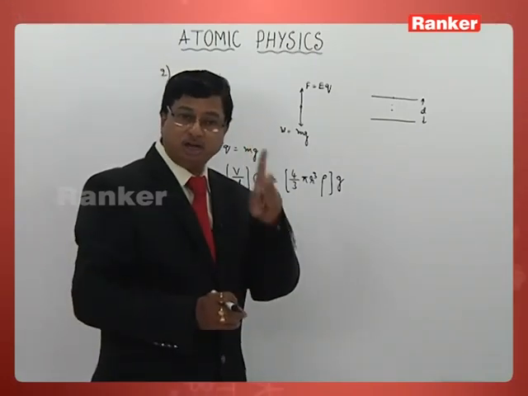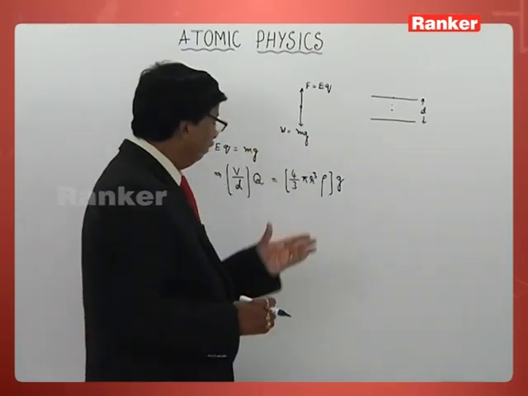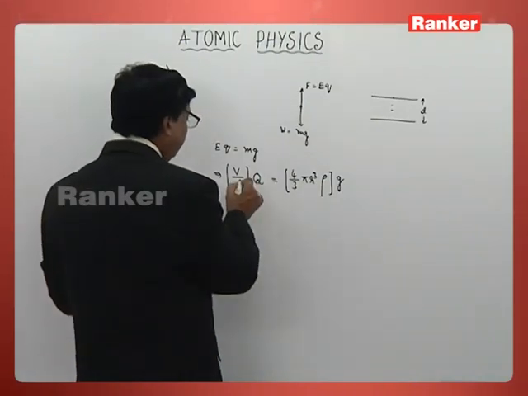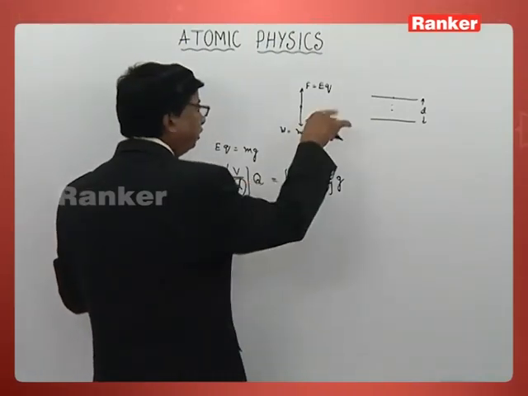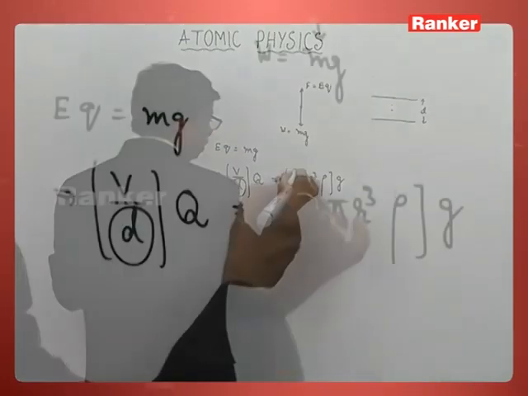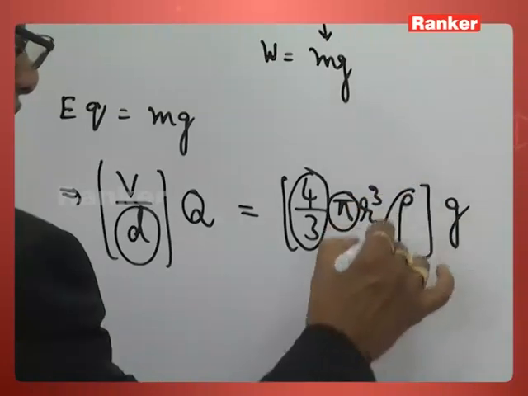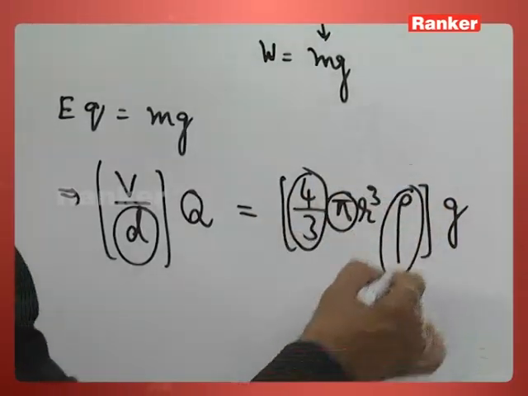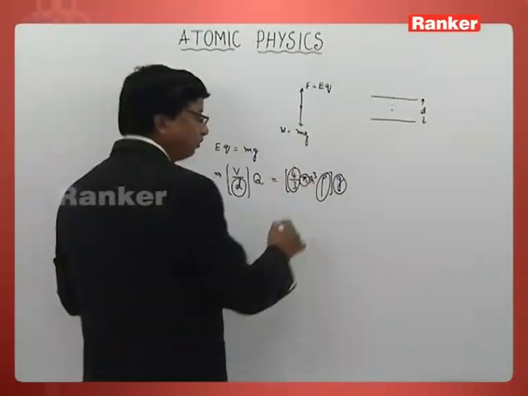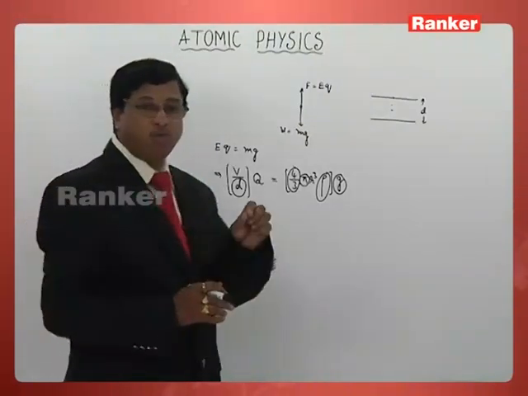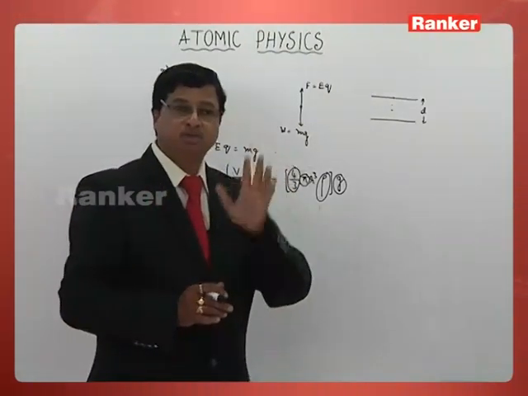Earlier it was only r. Now it is 2r. So what we can understand, first of all, d is a constant, that is the separation distance is the same. 4/3 is constant. Pi is constant. Rho is constant for that oil. And g also is constant at that particular place where we are performing that experiment.